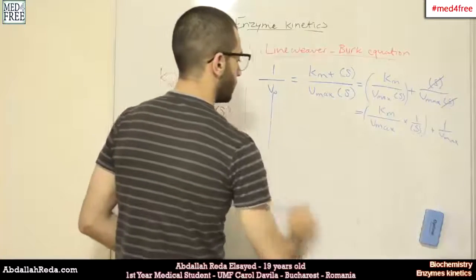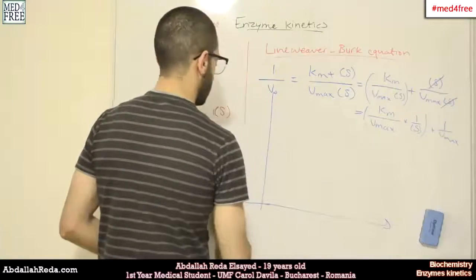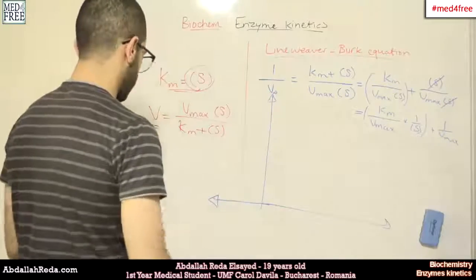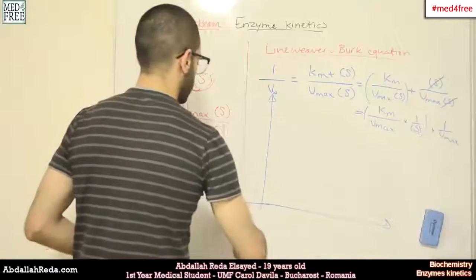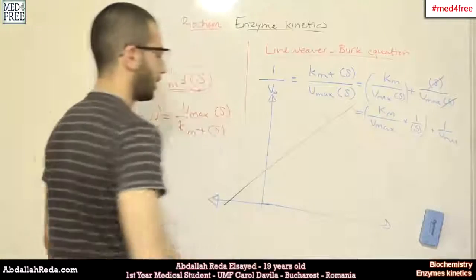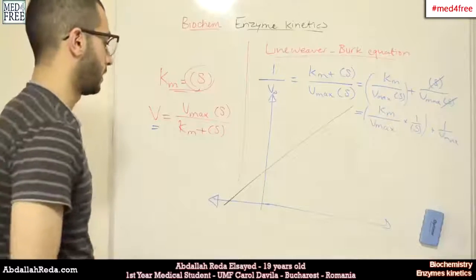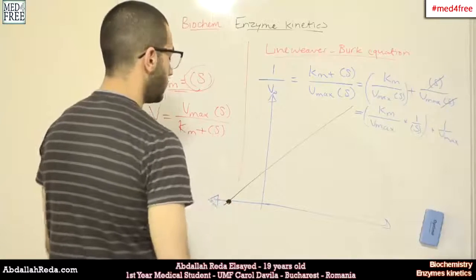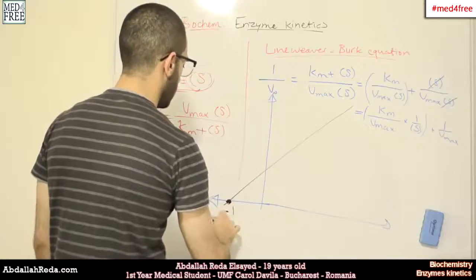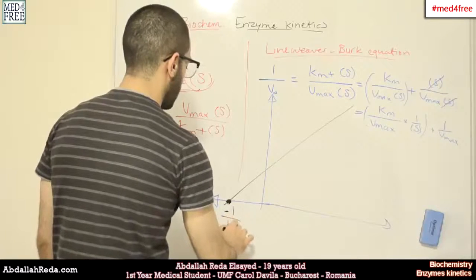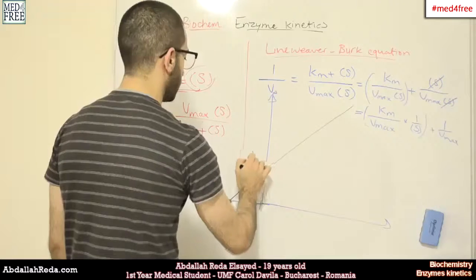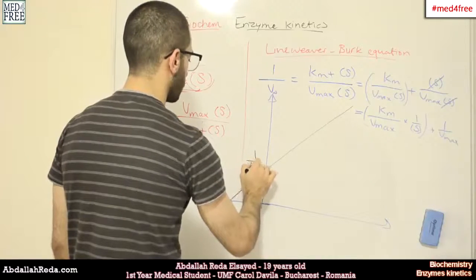When you plot this equation, you will get something that looks like this. It's a linear function. This point is -1 over Km, and this point is 1 over Vmax.